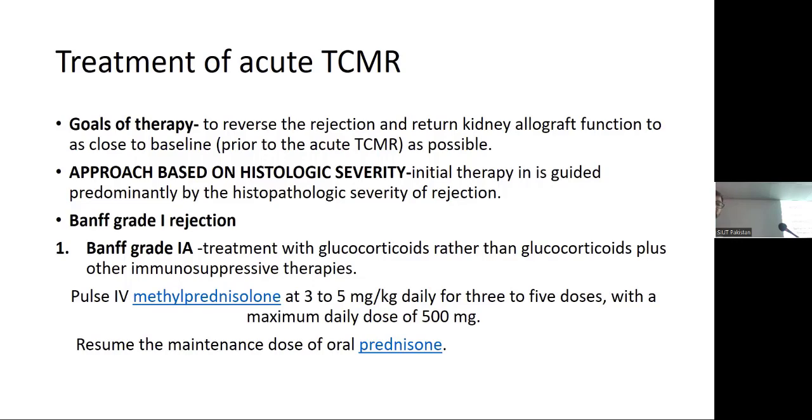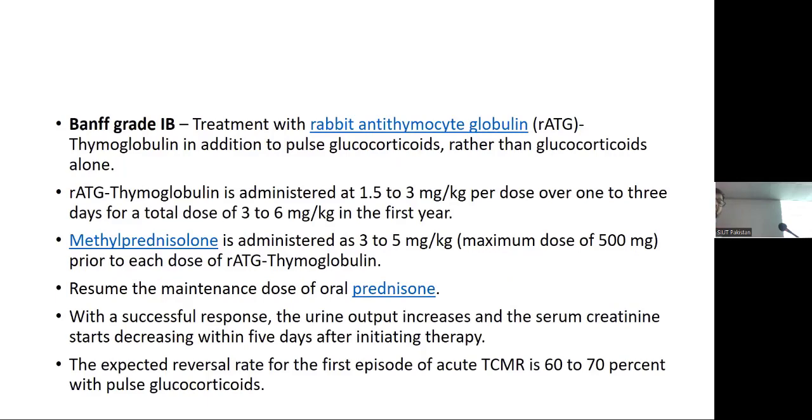If the patient has grade 1A rejection, then we treat with glucocorticoid only, with a pulse dose of methylprednisolone 3 to 5 mg per kg daily for 3 to 5 days, and we resume the maintenance prednisolone therapy. In grade 1B, the treatment includes anti-thymocyte globulin.